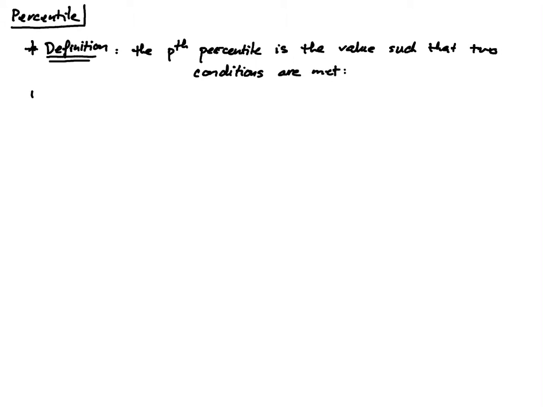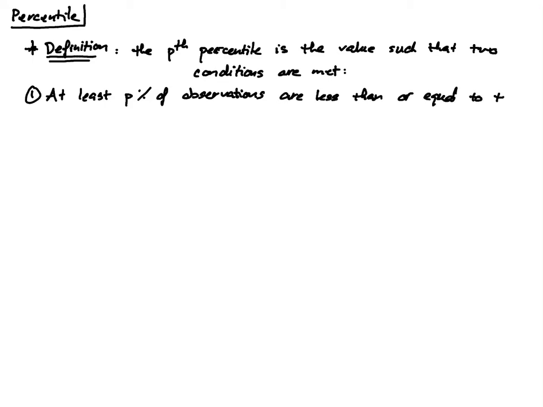The first condition is that at least p% of the observations are less than or equal to the value of the p percentile.